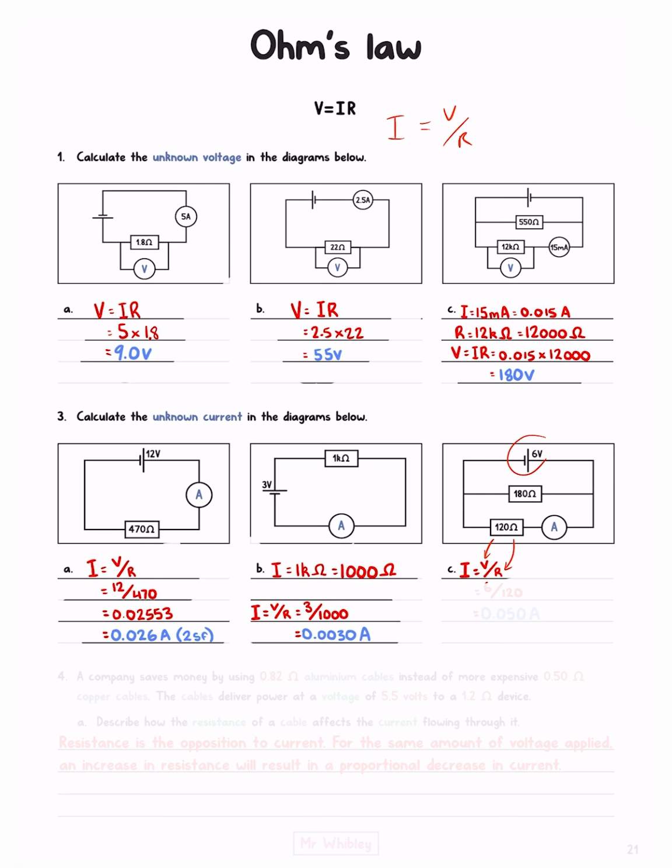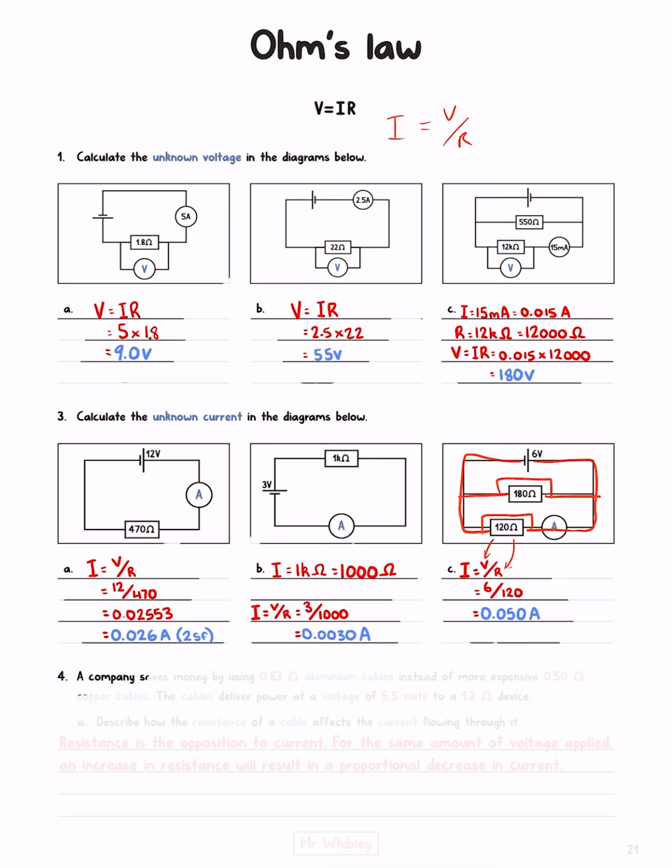Now we have our voltage source of 6 volts, which tells us that the voltage between this entire section and this entire section is 6 volts. Which means that the voltage across our 120 ohm resistor is 6 volts, as is the voltage across our 180 ohm resistor. So that gives us 6 over 120, or 0.050 amps.